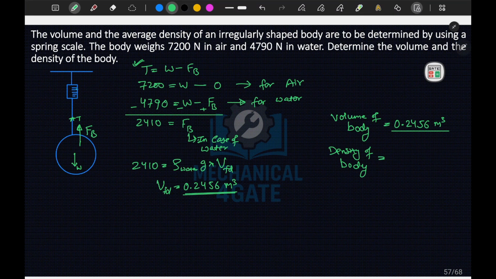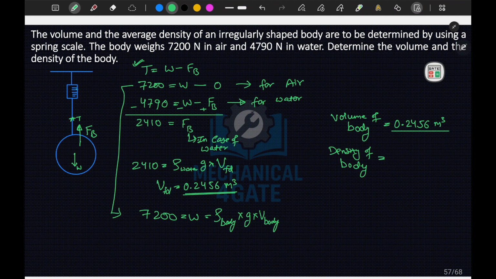Body. Okay, so we will use this equation here. From here I can write my 7200 is equal to weight. This is the actual weight of the body and can be written as density of body times g times volume of body.